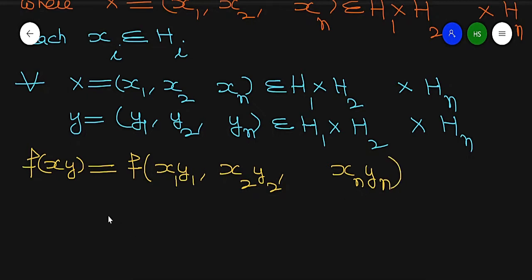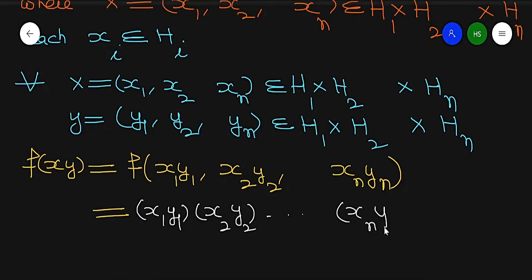Now using the definition, this will become the product x1y1 into x2y2 and so on xnyn.